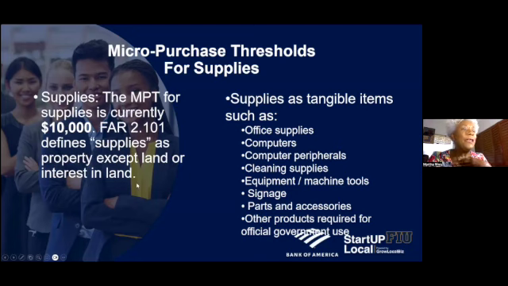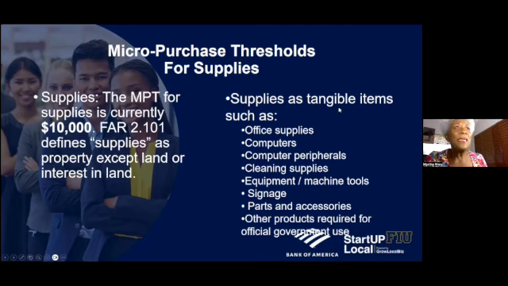So for example, if I did supplies, I would go and start reading this FAR reference, FAR 2.101, so you can understand all the supplies and all the requirements that the government has under this for supplies.